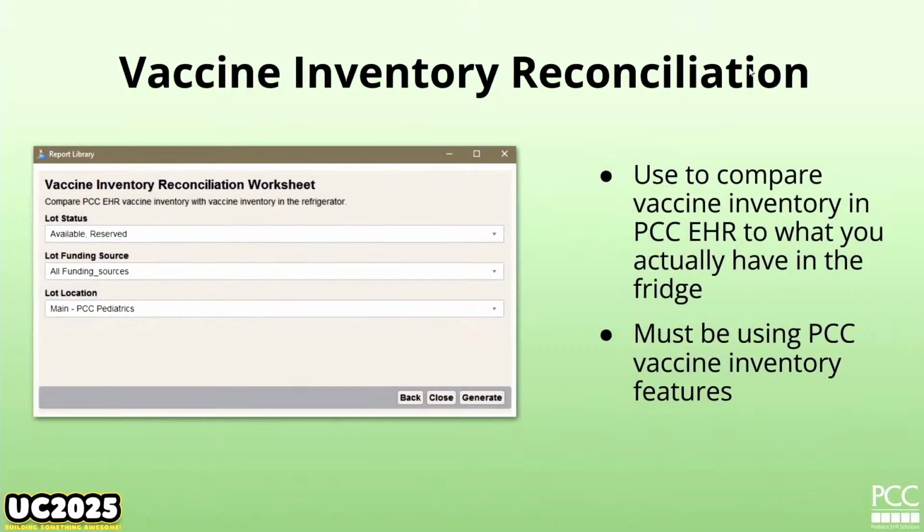All right, so I think I have some slides. So yeah, this first one, vaccine inventory reconciliation. If you want to compare your inventory in the EHR, so all the vaccines that you've documented in the EHR, whether you're using scanners or not, with what you've actually given. You can filter this various ways for different lots, lot information, locations, funding sources, and so forth.